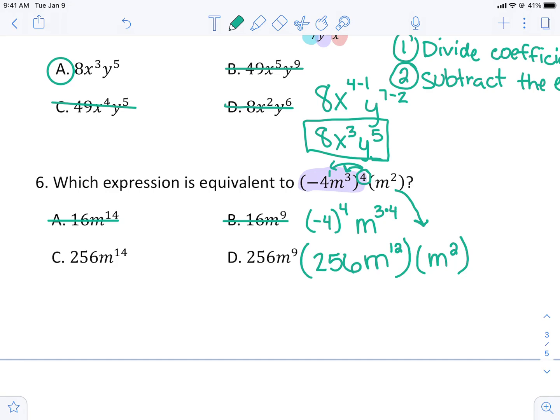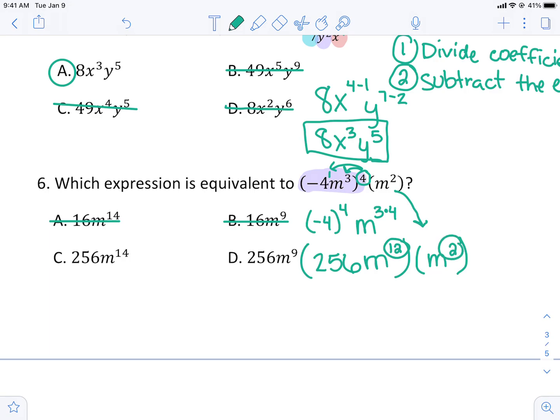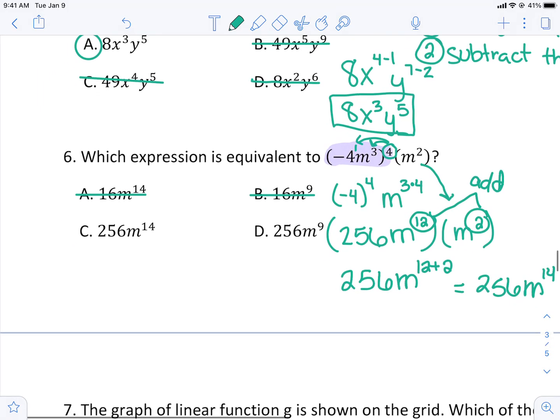Now I'm multiplying, and when I multiply, I take the exponents and I add them. So I need to add 12 plus 2. And when I do that, I get 256m. 12 plus 2 is 14, which means my answer is C.